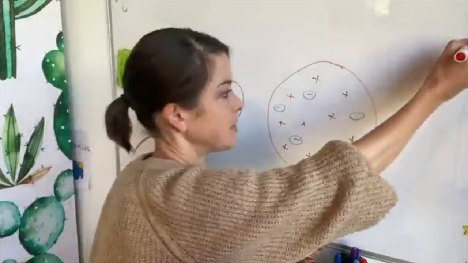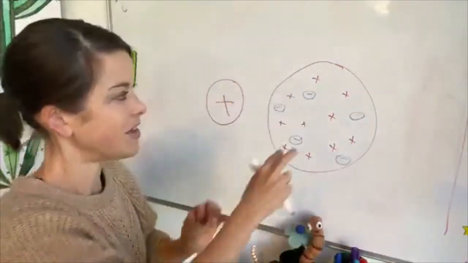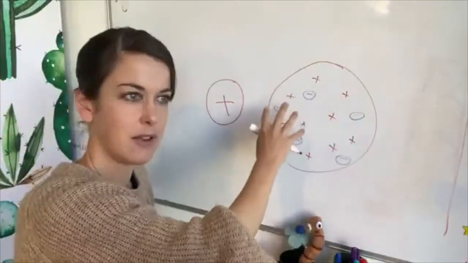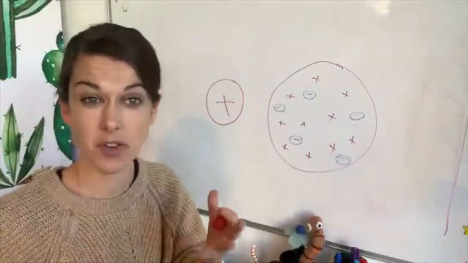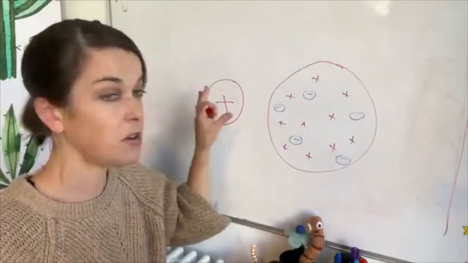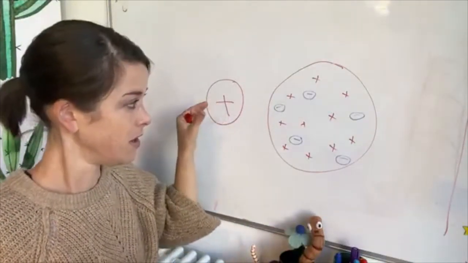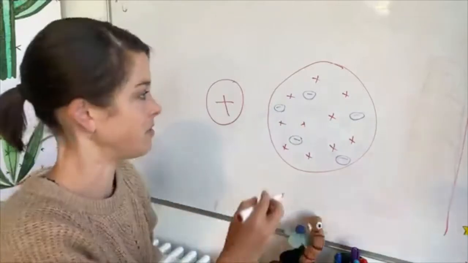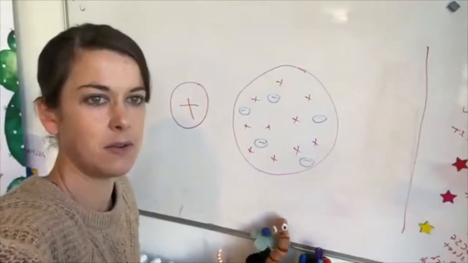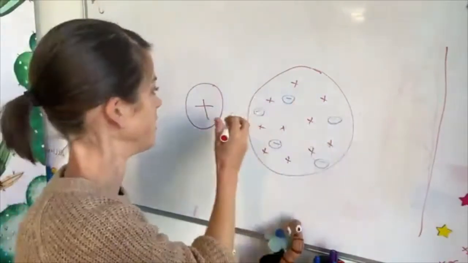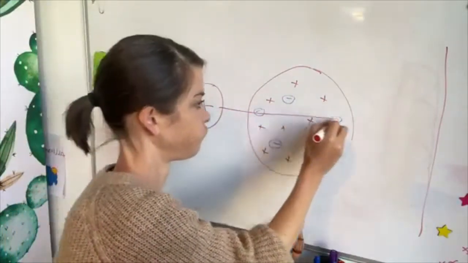Now, what was he expecting to happen? Well, we've got a very kind of weak positive charge all the way through this. So what Rutherford was expecting was that the huge positive alpha particle would pretty much bash straight through and get to his sensor, which was set up at the other side. So what he thought would happen was this.